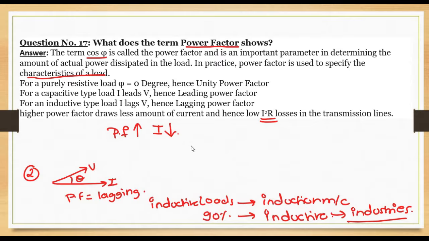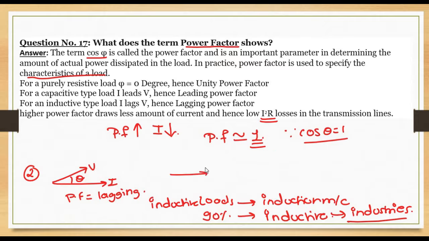So our aim is to keep the power factor as high as possible, means the power factor should be equal to 1 or unity to minimize the losses, since cos 0 equals 1.